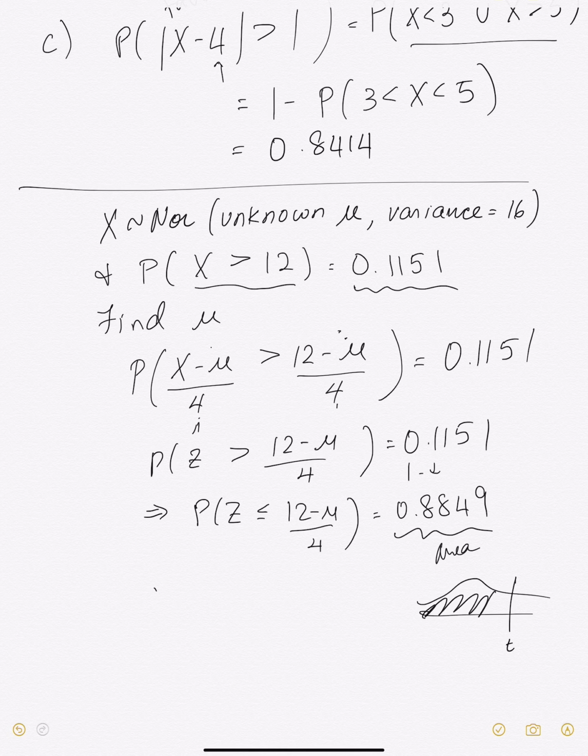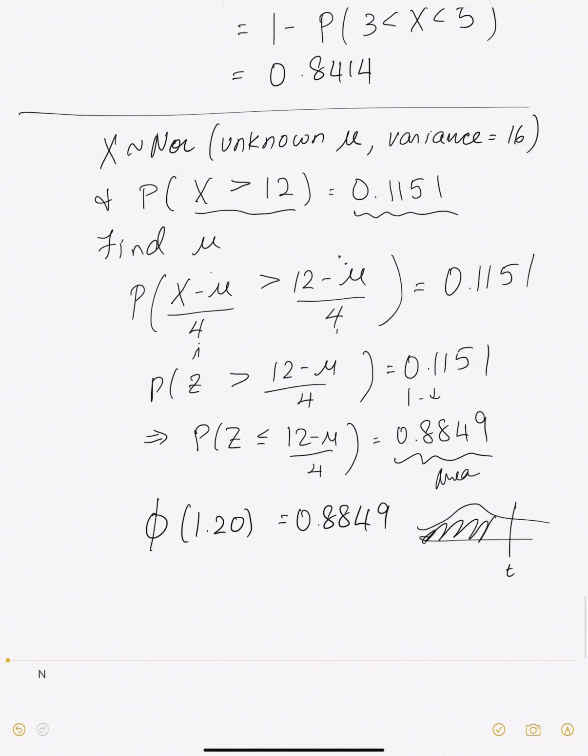So you know that phi of 1.20 is 0.8849. Okay, so what is this? That tells you this is phi of 12 minus mu over 4. So you know that 12 minus mu over 4 should equal 1.2.